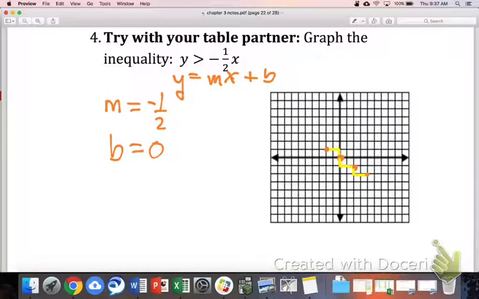So if you remember, if the or equal to is there, it's like trying to tell you there's a solid line. If the or equal to is not there, it's like trying to tell you there's little spaces in the line. So I'm going to try to represent that up here. So let's see here. Actually, let's go with this. So here is my attempt at my line, something like that.